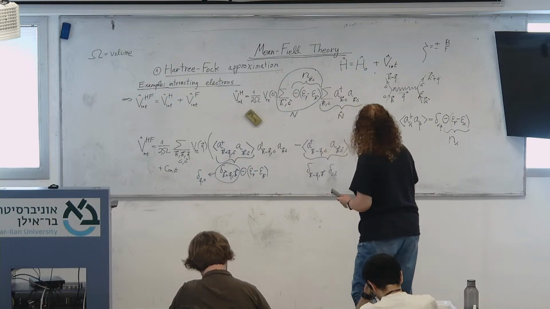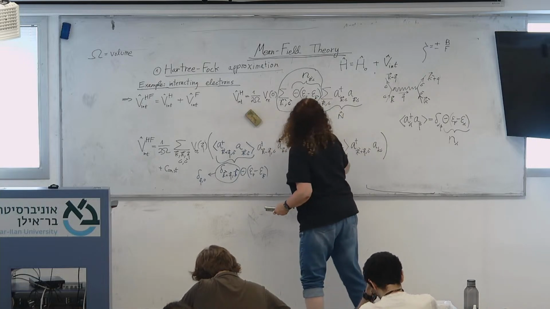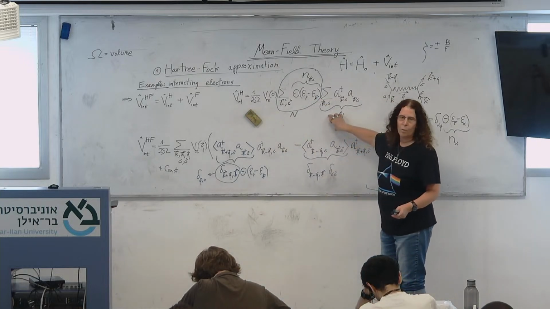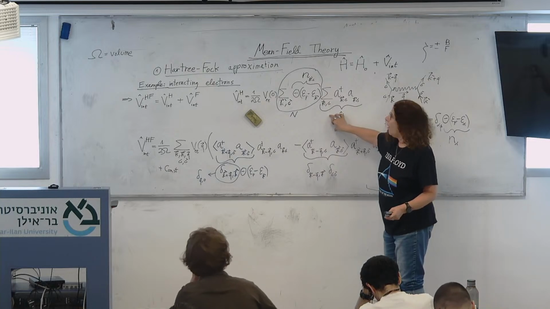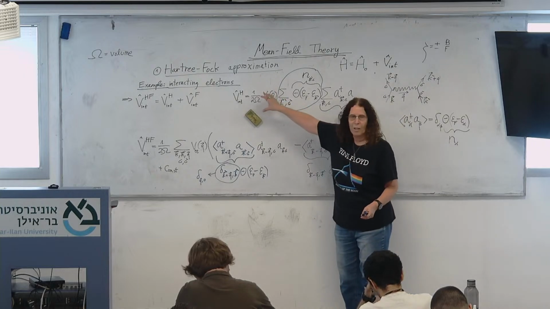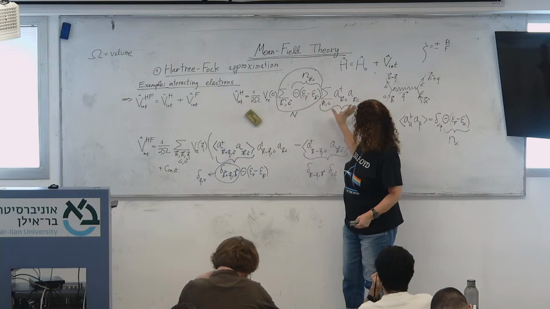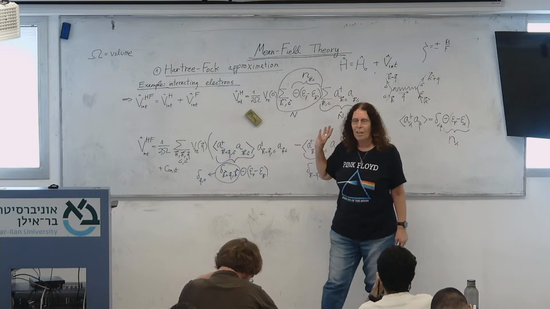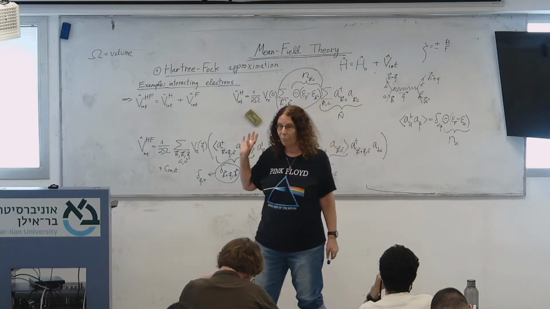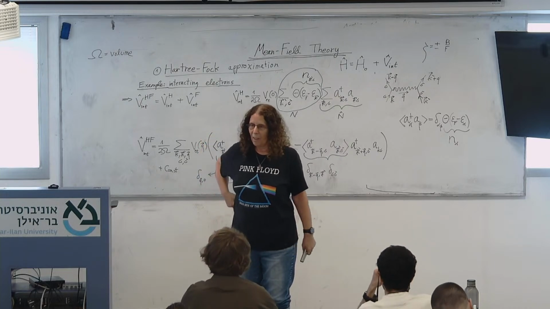And in fact, notice that if I take the expectation value of this, which will also turn this into a number, I get an n squared times something. What does it remind you of? No, I mean something really classical. It's like a capacitor, okay? This is what it is.